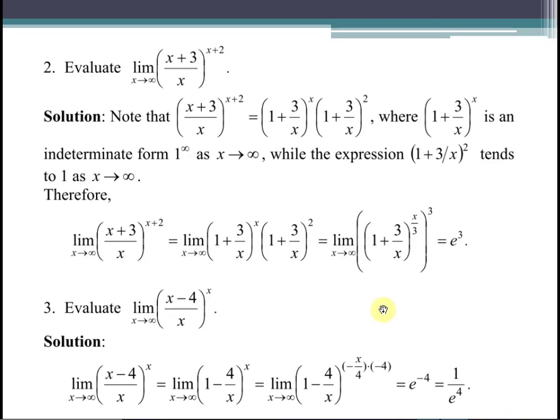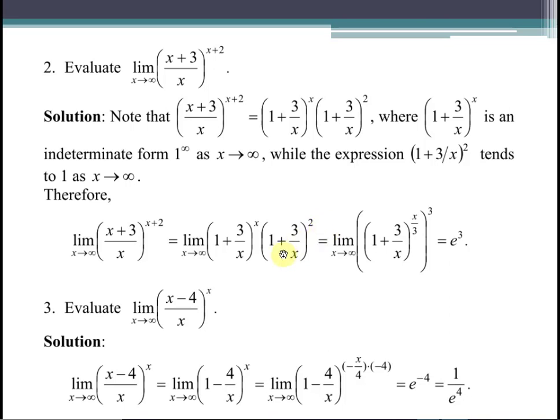Number 2. Evaluate the next limit. Here we can divide this expression into 2 polynomials, 1 plus 3 over x to the power of x, using the property of exponents, and 1 plus 3 over x to the power of 2.